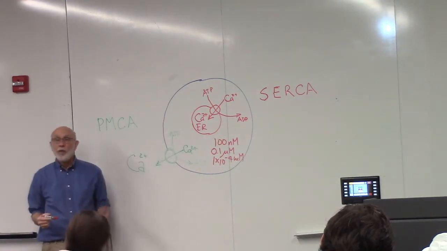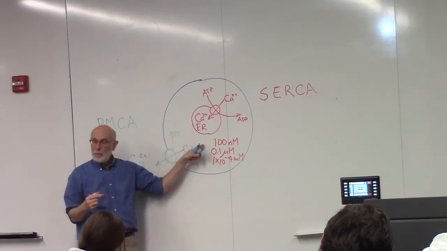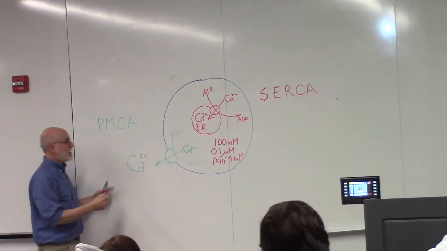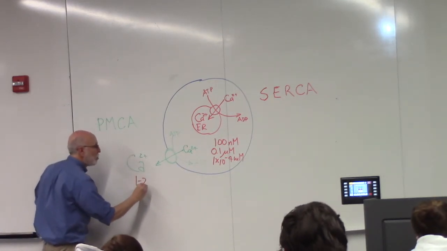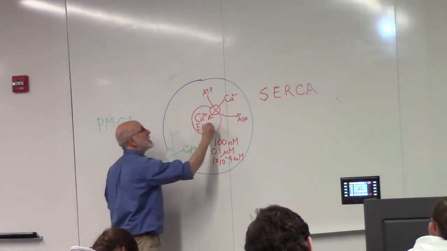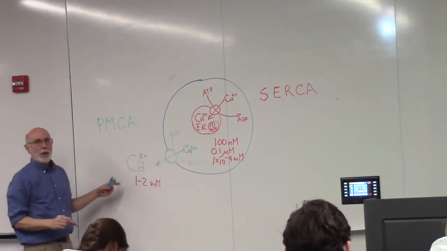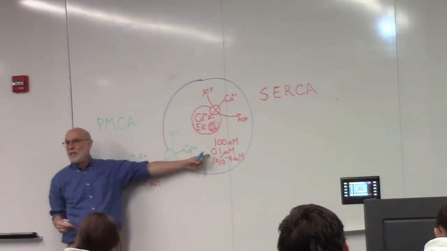But you need to know that the calcium concentration in the cytoplasm is very low. And the calcium concentration out here is something around 1 to 2 millimolar. And the concentration in here is something like 10 millimolar. You don't need to know those numbers, but you do need to know that they're orders of magnitude higher than what's inside the cytoplasm.